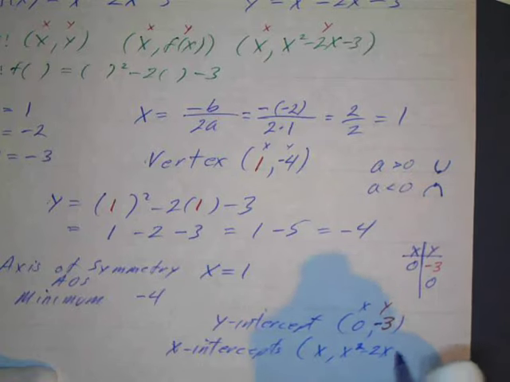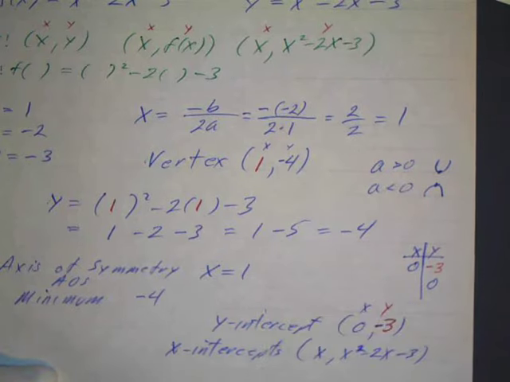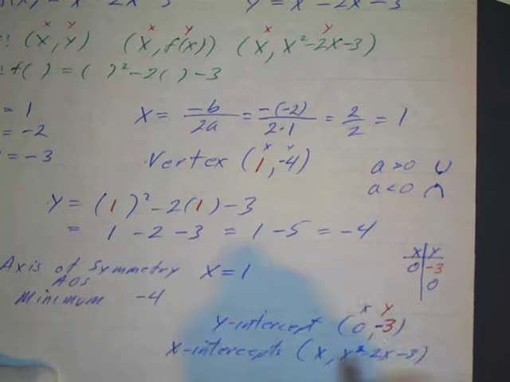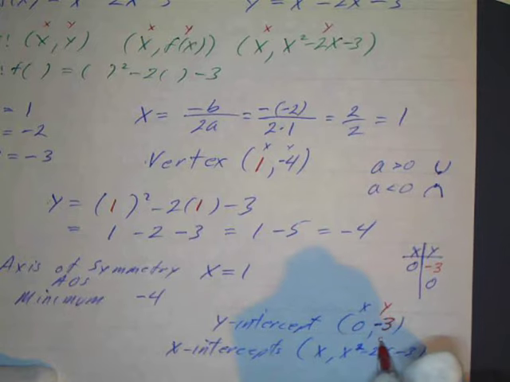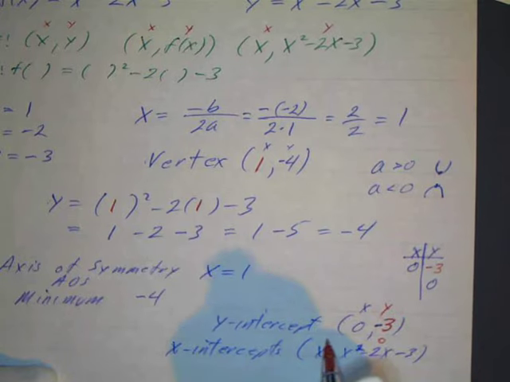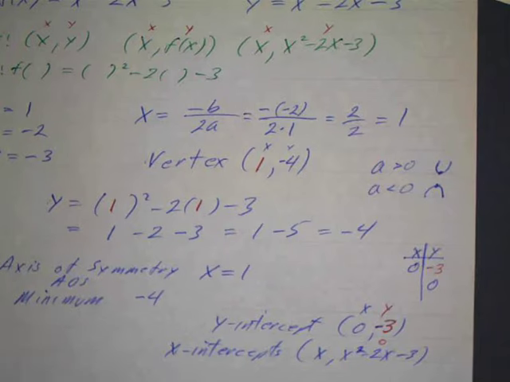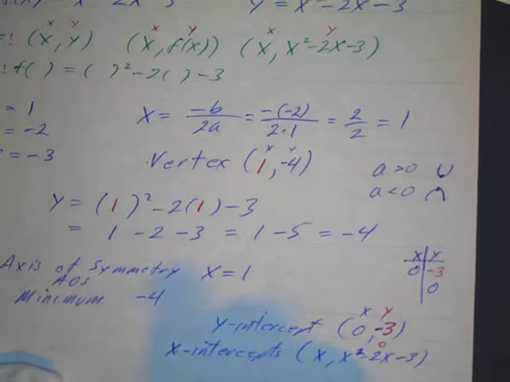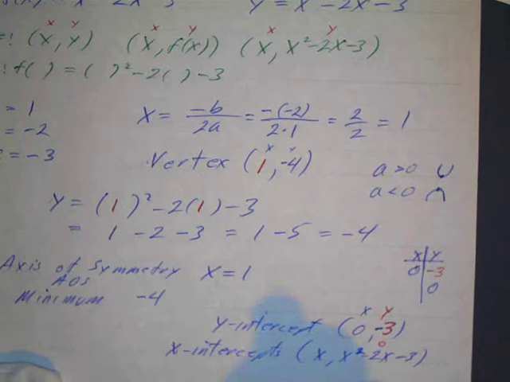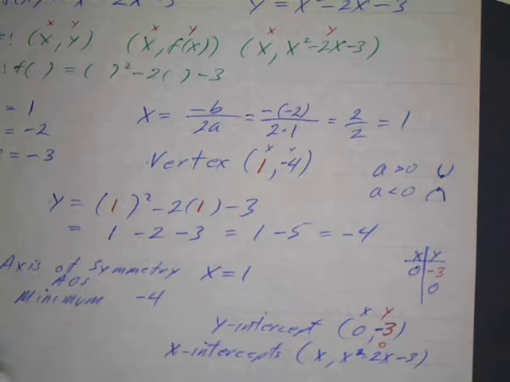X squared minus 2x minus 3. So what's x when y is 0? So when y is 0, what's x? And we could draw it like this. When y is 0, what's x?